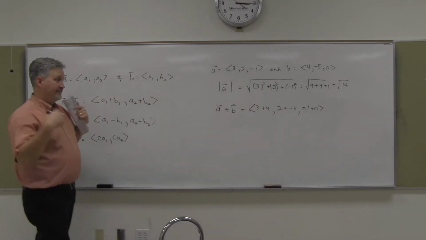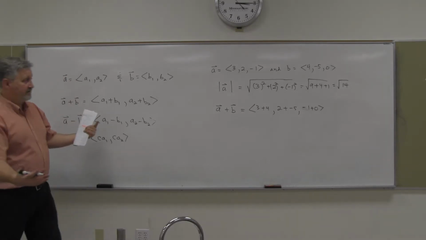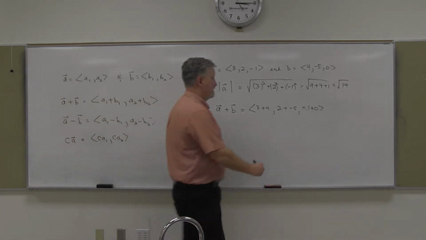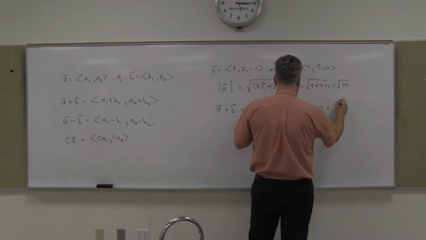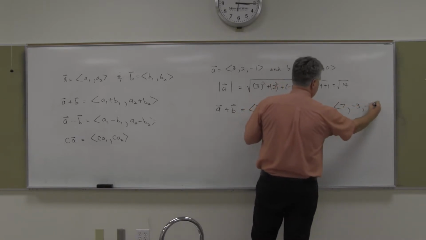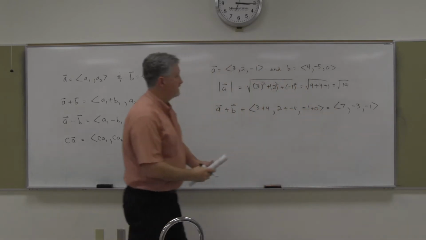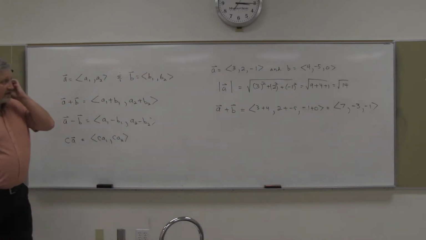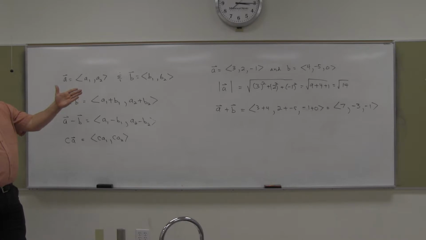So if you add 2 vectors, you get another vector out. The magnitude is just a number, but if you add 2 vectors, you get another vector. 7, -3, -1.